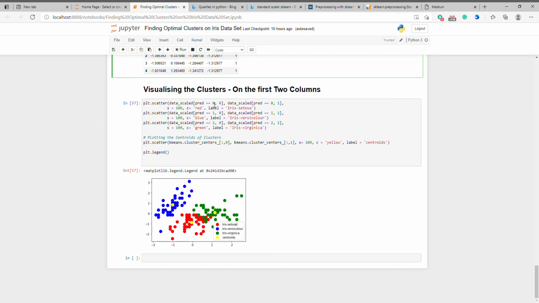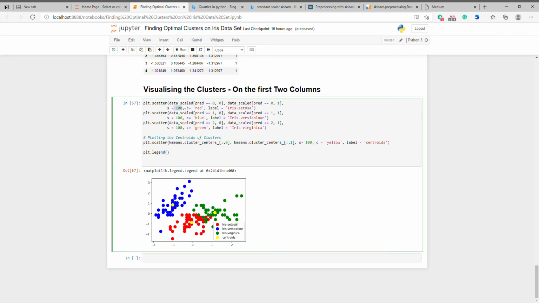And therefore, for the 0th group of flowers, I have taken the 0th column and the 1st column here, and the number of flowers is equal to 100. The flowers that belong to the Iris setosa category are displayed in red color, a red cluster, and they are labeled as Iris setosa.